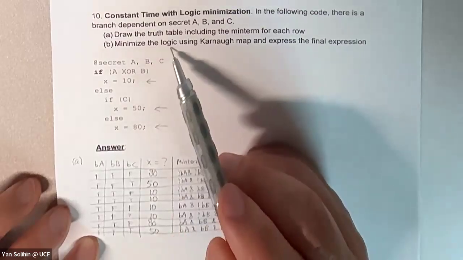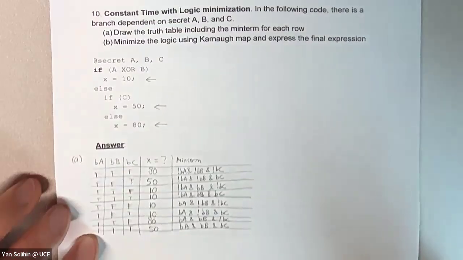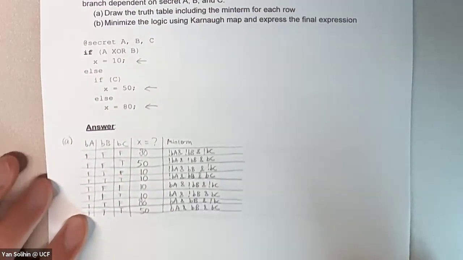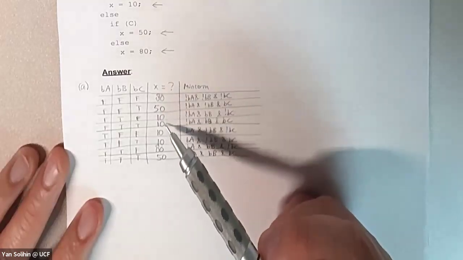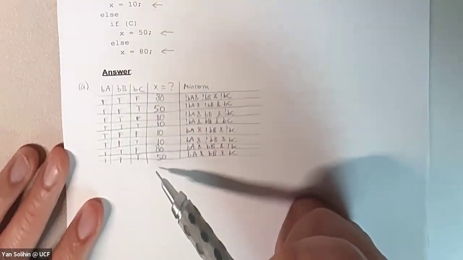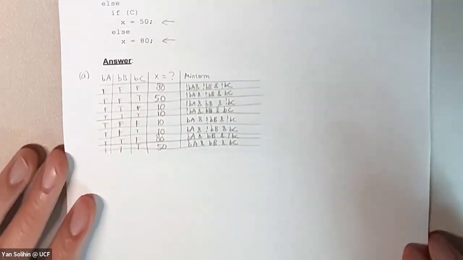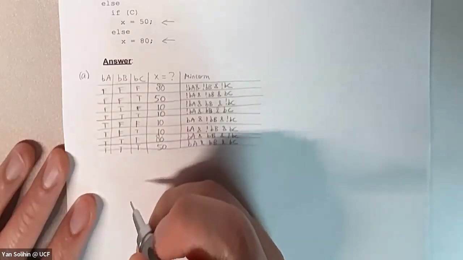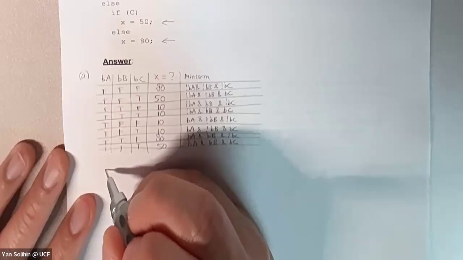Now let's look at part B, minimize the logic using Karnaugh map and express the final expression. So now we are doing logic minimization. Because there are three possible values of X, we'll have to draw three diagrams. And there are three variables, so we're going to do it like this.